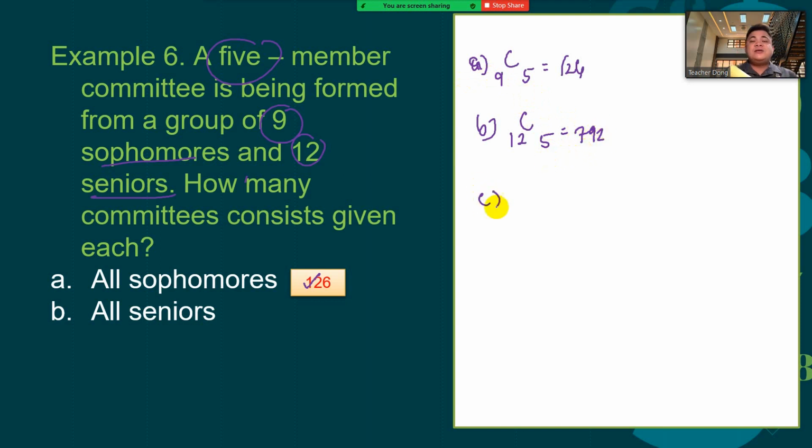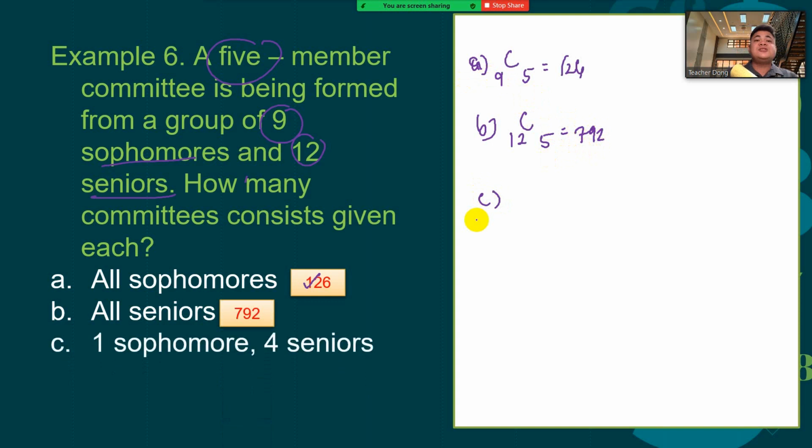Then for letter C, 1 sophomore and 4 seniors. So in this case, we have to choose 1 sophomore and 4 seniors, which will form the 5-member committee. So for the sophomore, how many sophomores do we have? 9. Combination of 9 taken 1 times combination of 12 taken 4 at a time for the seniors, since 1 plus 4 equals 5.